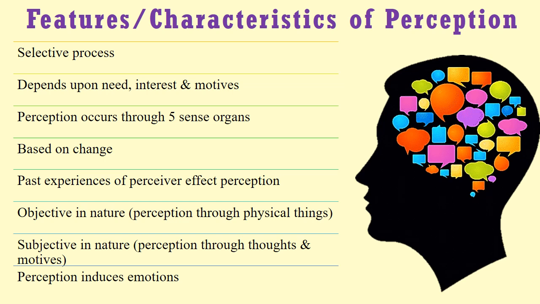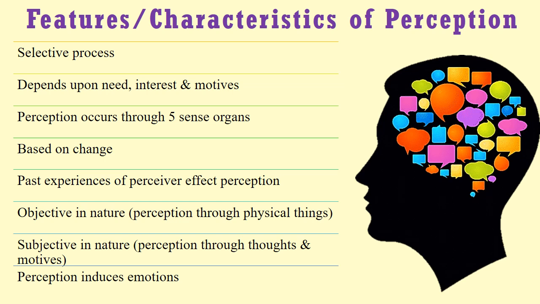Apart from these, perception is based upon change. For example, if there is a uniformity around us, then we do not experience any kind of perception. It also involves organization of data. The past experiences of the perceiver influence the perception process. Perception can be objective as well as subjective.